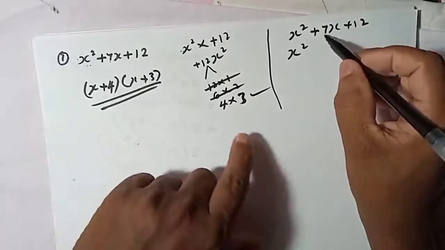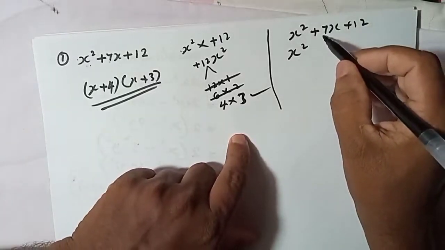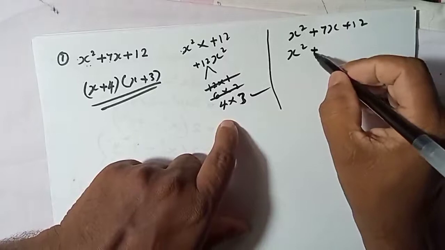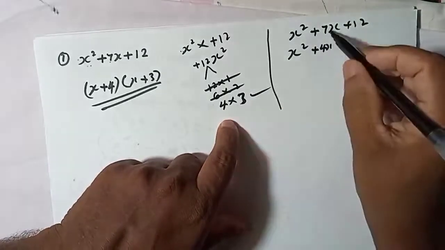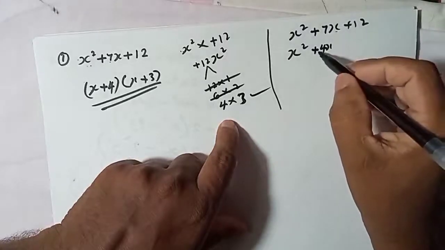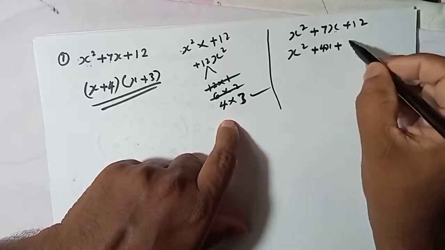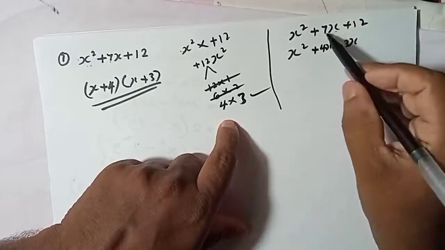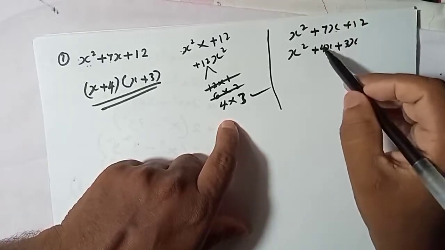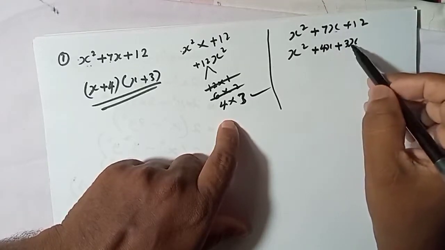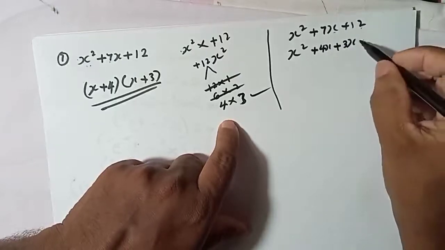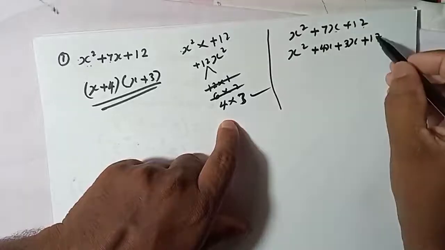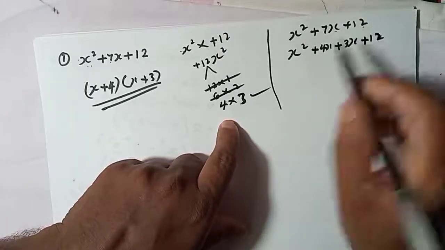For the 7x here I will put plus 4x, because we chose these two numbers, no? So for the 7x I put plus 4x plus again 3x. It's correct, no? 7x means plus 4x plus 3x. Not only that, these two numbers multiply to give this also. Then plus 12.